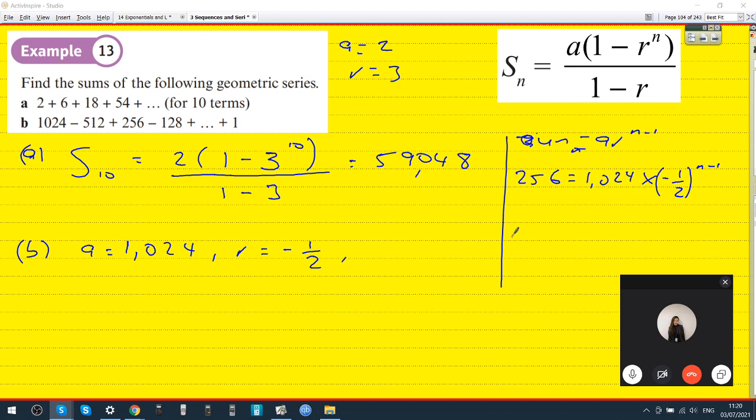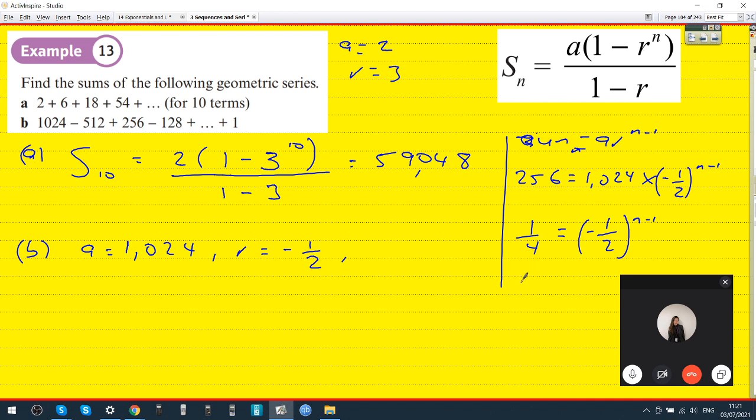It says it can't solve. Alright, we have to do it manually then. Okay. So, you can divide by 1024 on both sides. Yep. So I think it's a quarter. Yes, quarter. Alright. And then you can use logs.